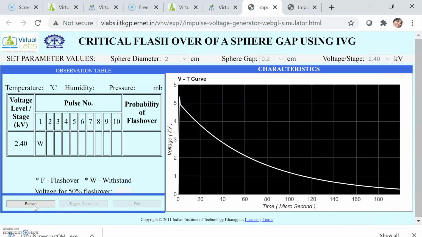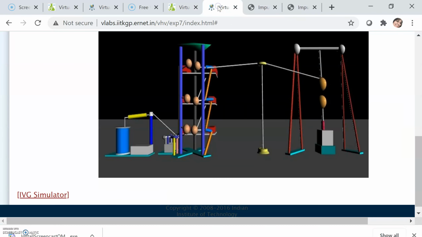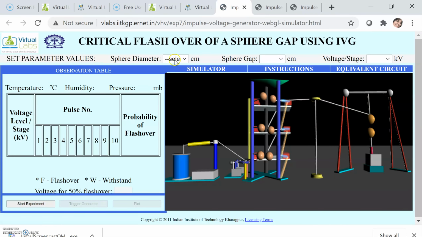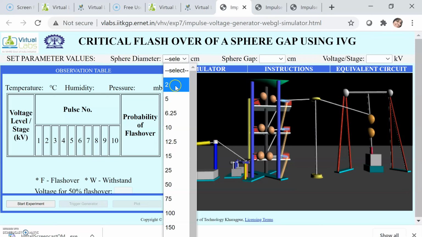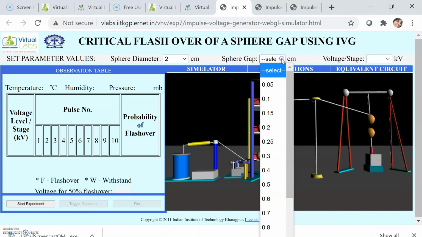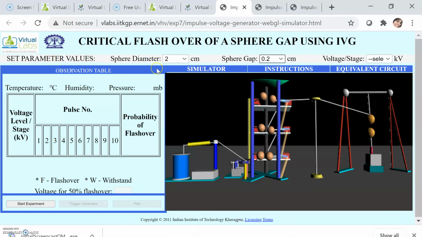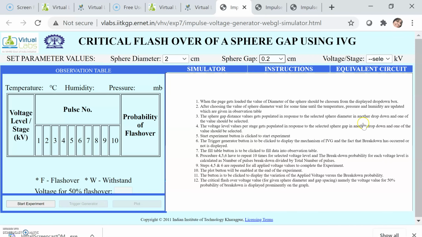Now we have to restart the experiment, because our objective is different. Whatever we discussed yesterday, the effect of sphere diameter and the effect of gap distance, I want to show you virtually. Keep the gap distance and diameter the same until you can observe the breakdown voltage.